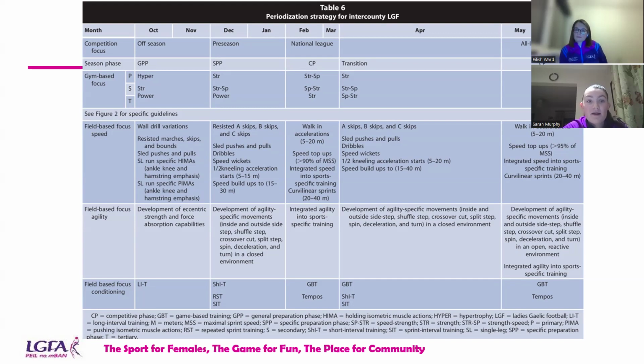And if we were talking about an Olympic athlete, they would have to factor in a 4-year macro cycle, because that's what they're leading towards. So what they're doing in 1 year would have to lead up towards that. So it varies across the sports, but we'll look now at what it is specifically for a ladies Gaelic football player.